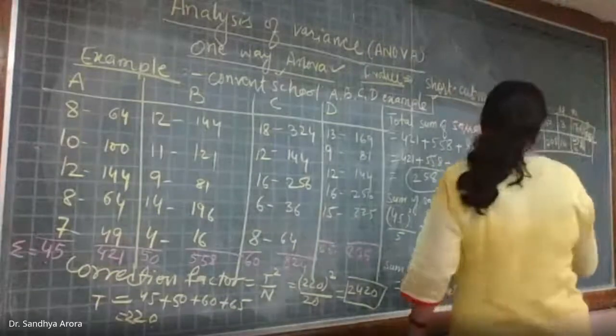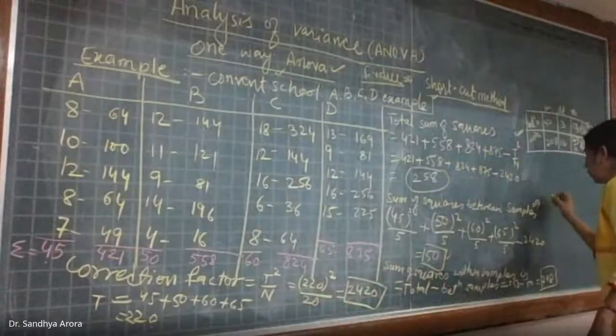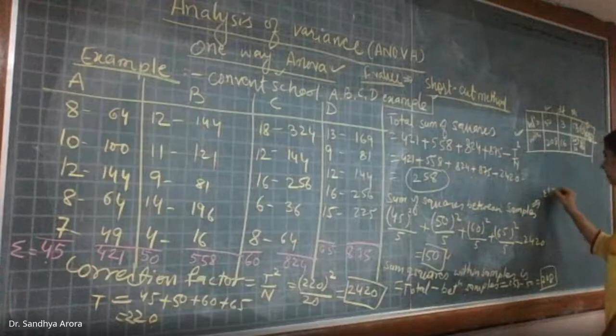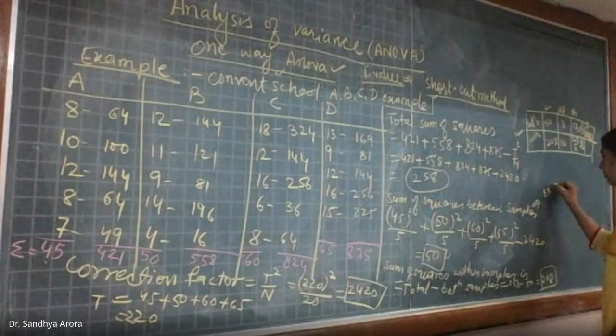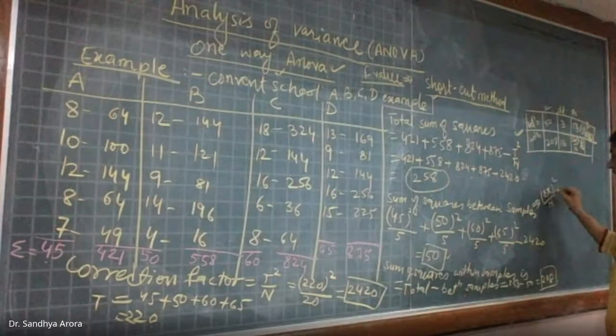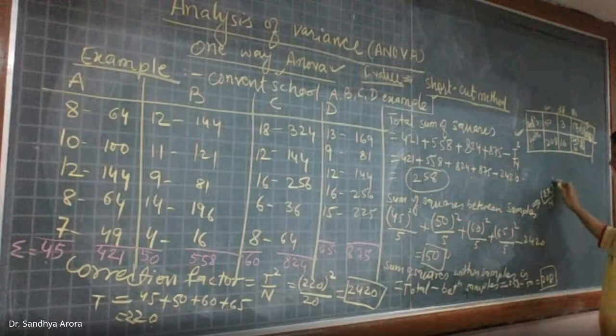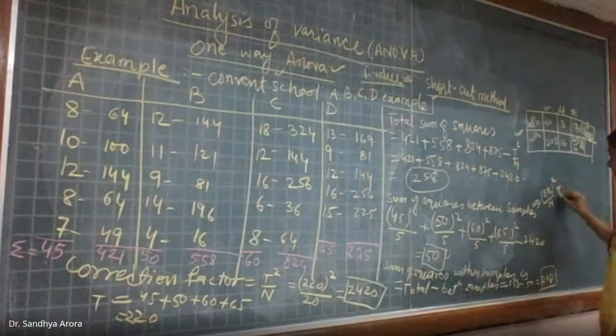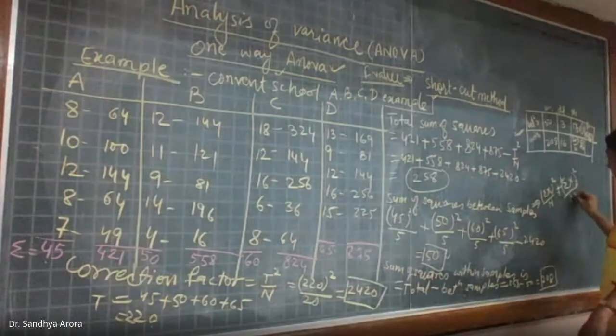When you calculate the sum of squares between samples, the formula is the summation of x whole square divided by the number of observations. Now this has to be applied to each, so summation of x1 whole square plus summation of x2 whole square divided by n, and so on.